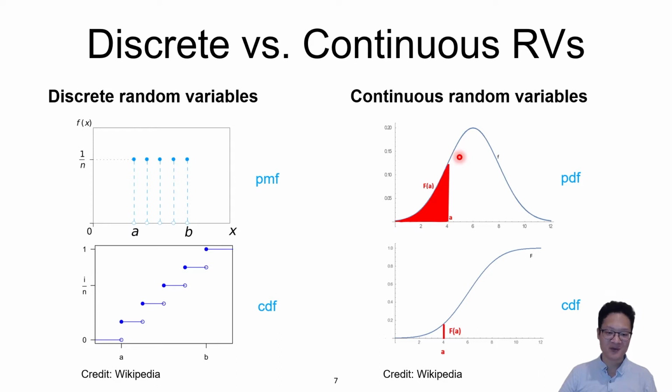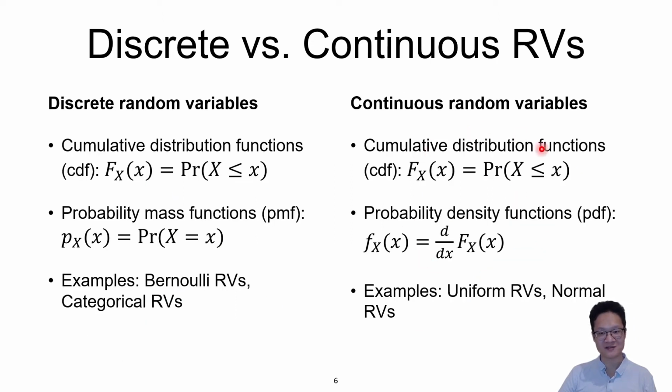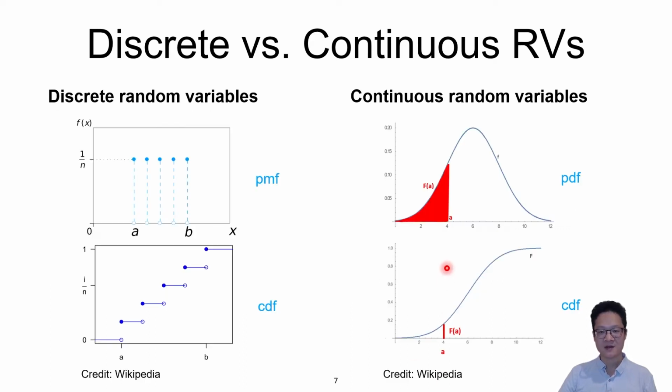For the continuous random variable, we have a Gaussian random variable as an example. So this is the probability density function, the familiar bell curve. That's this one. If we integrate from negative infinity to a particular number a, the area under the curve is the value of the CDF, cumulative distribution function.